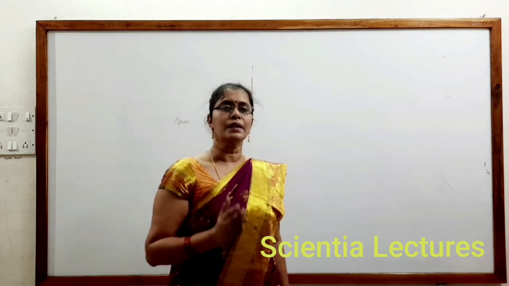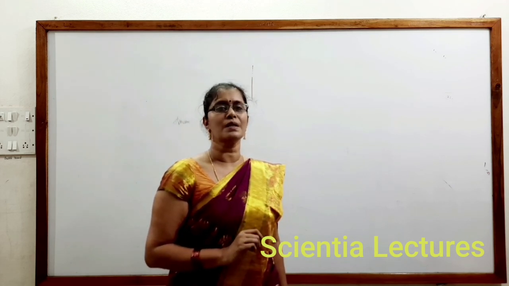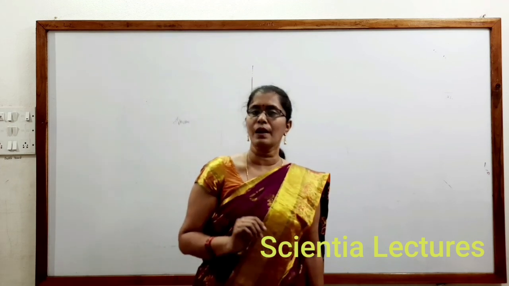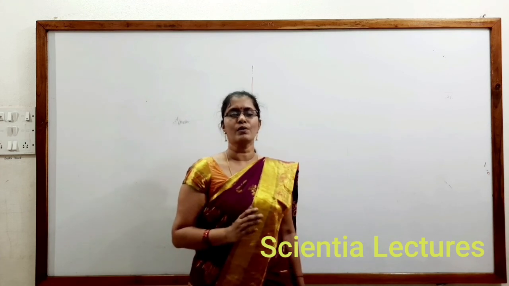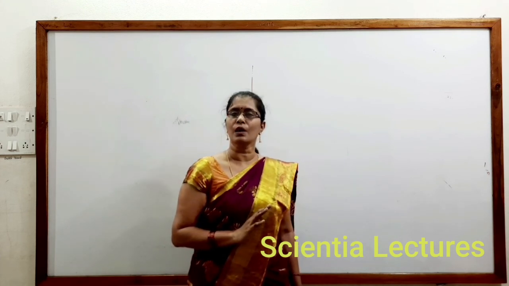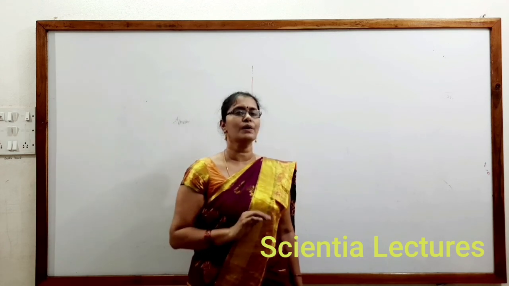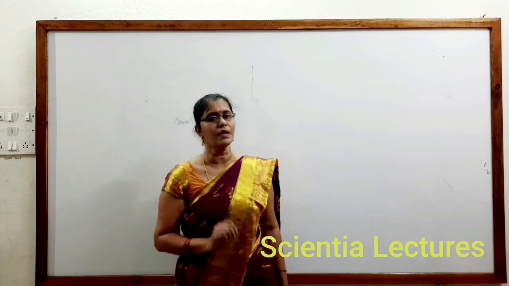In module 7, we are going to discuss the problems related up to module 6. If you are thorough with all the formulae up to module 6, the module 7 problems will be clear for you. In module 7, only the problems will be discussed.